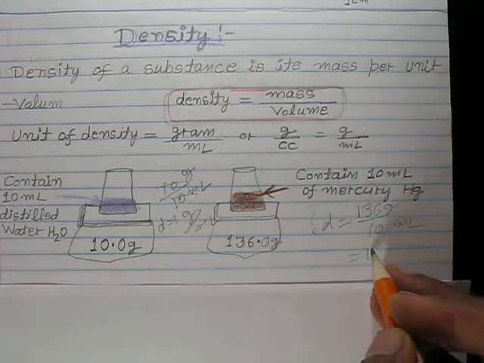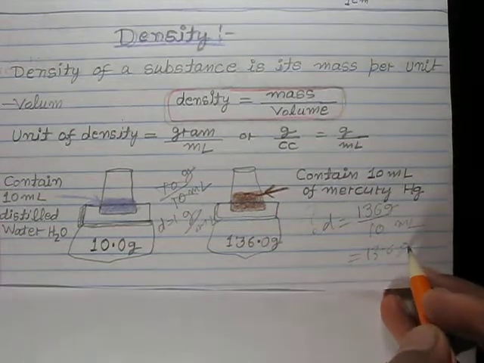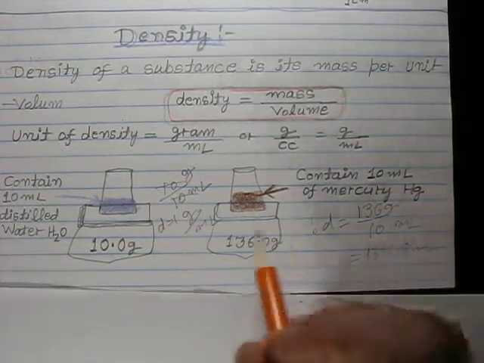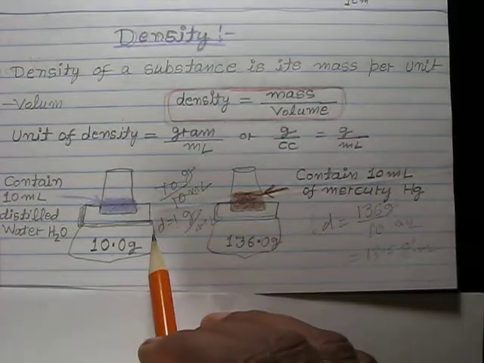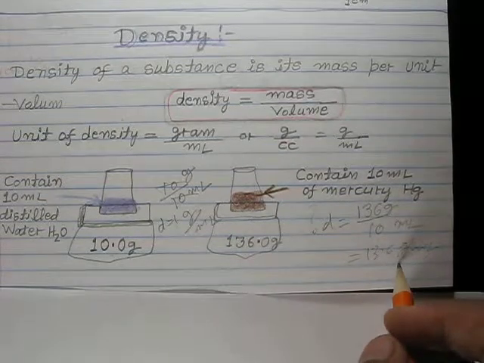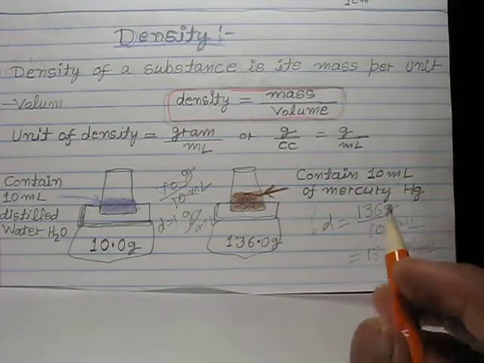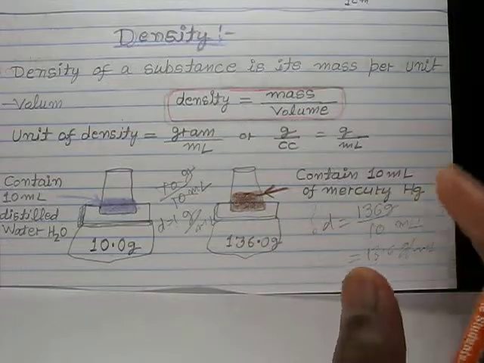So it has 13.6 gram per ml. So this shows that mercury is more dense than the water. Mercury is almost 13.6 times more dense. It has more density than the water.